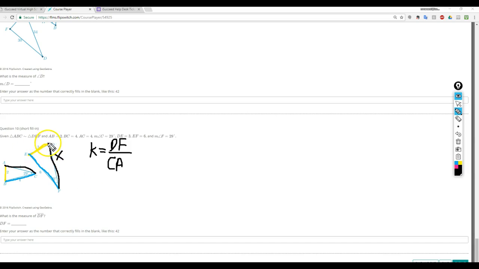So if I look at DE, I want the scale factor for DE compared to its corresponding side AB.